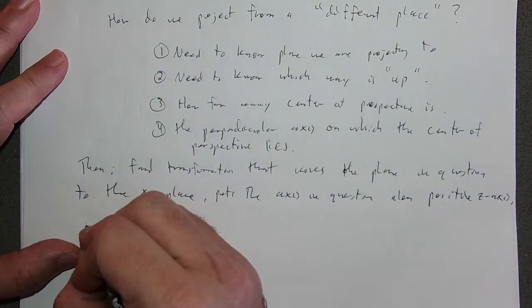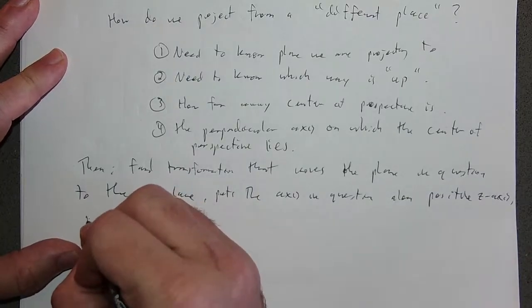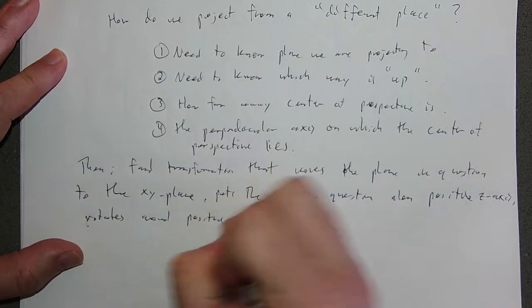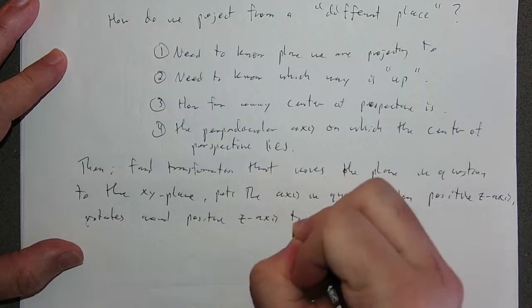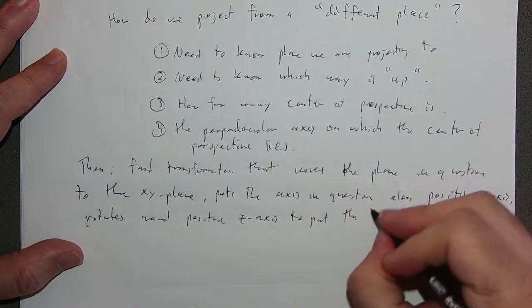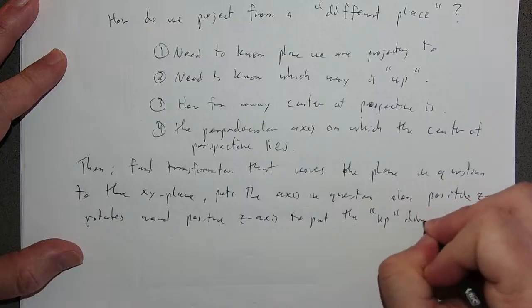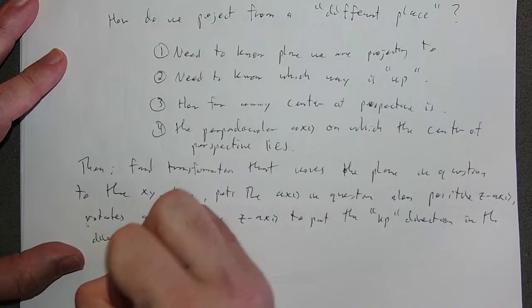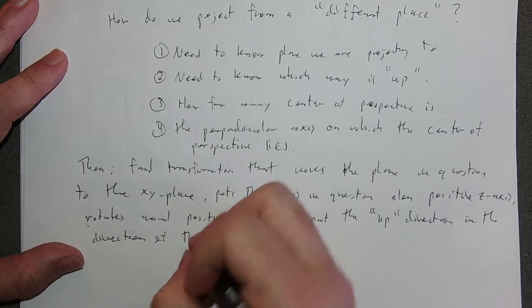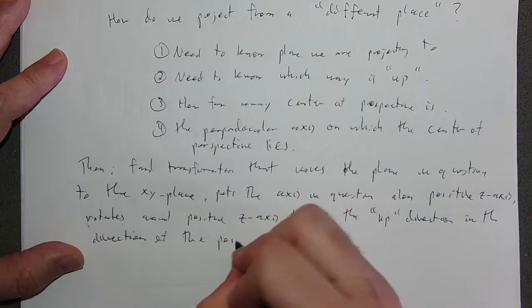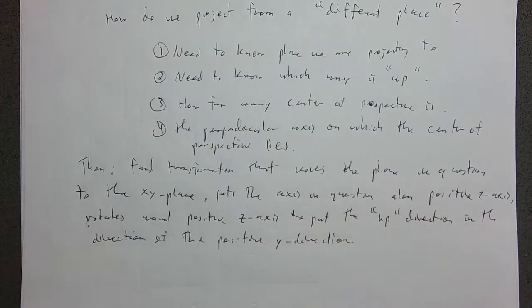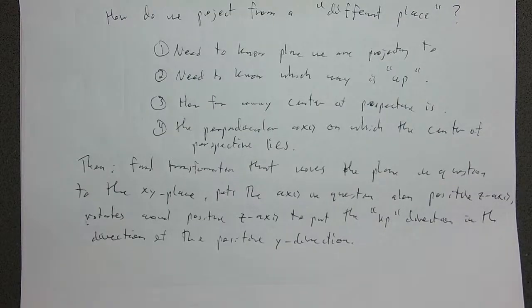So we need to rotate around the positive z-axis to put the up direction in the direction of the positive y-axis, or positive y direction. Then we see how far the center of perspective is from that plane and use that for D.